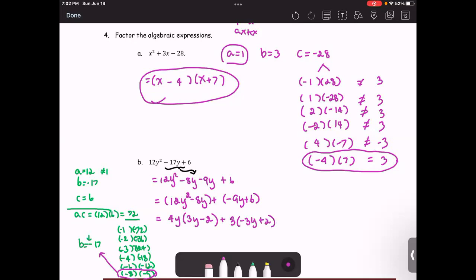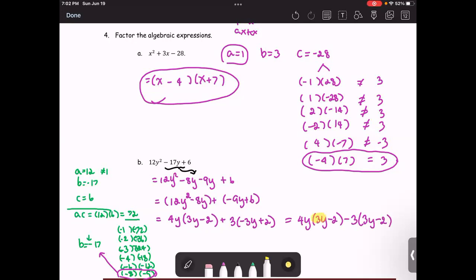So we apply the property that we factor the negative sign out of the second group. This one becomes negative 4y times 3y minus 2, and then subtracted by 3. And then inside the parentheses, the sign will be opposite, so it becomes 3y minus 2.